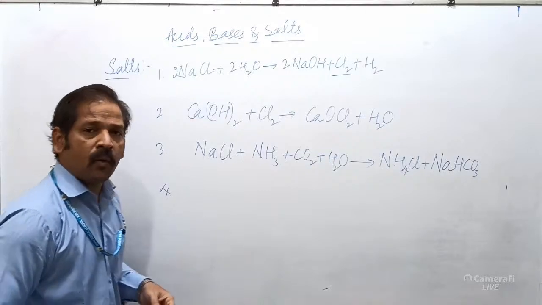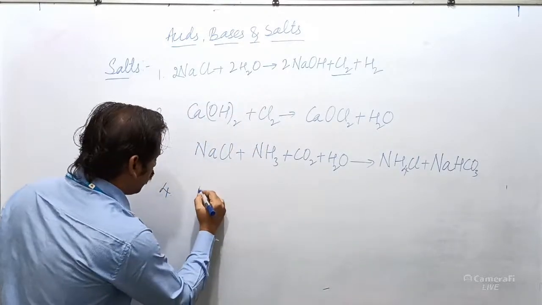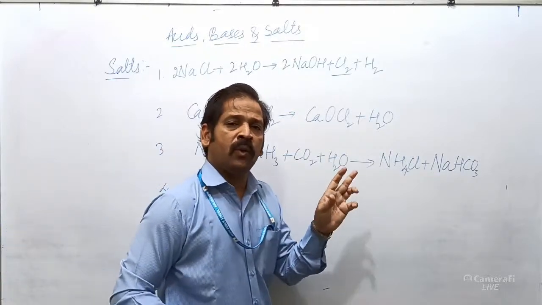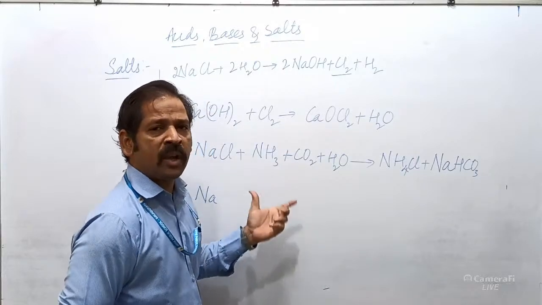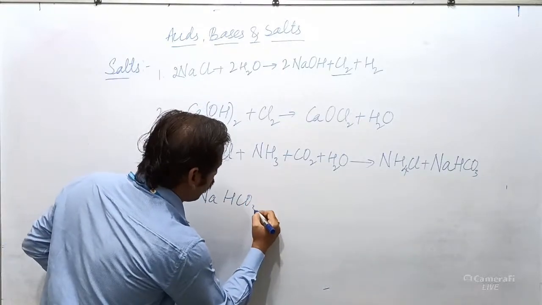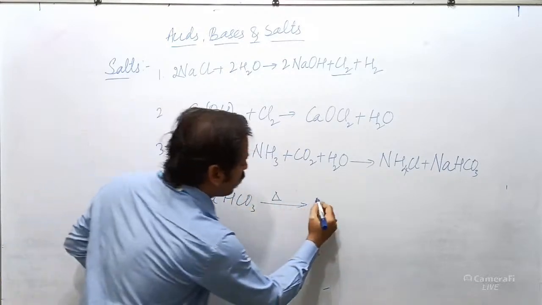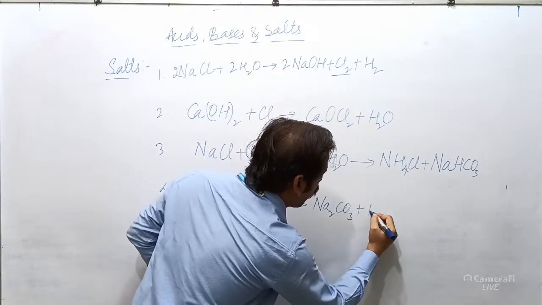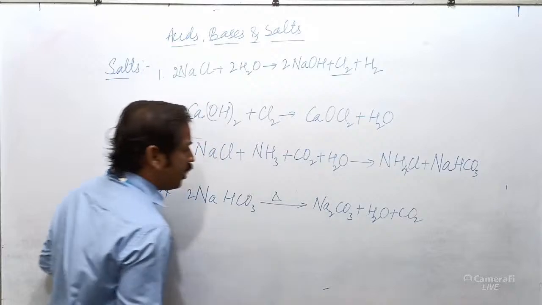The fourth is washing soda. How are we going to get washing soda? We get washing soda through two different reactions. The first is thermal decomposition of sodium bicarbonate, NaHCO3. If you heat it, you are going to get sodium carbonate, water and carbon dioxide.